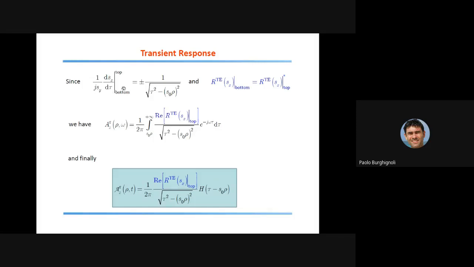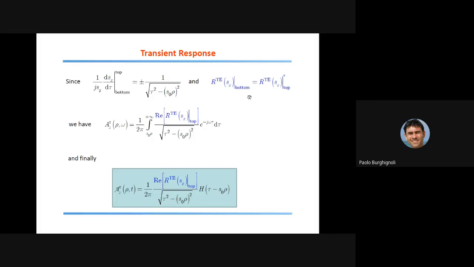The part that is also present in free space has already been evaluated, and is equal to plus or minus 1 divided by the square root of tau squared minus S0 rho squared. Those plus and minus characterize the top and bottom values of this term, whereas the reflection coefficient can be easily shown to have the property that its value on the top part of the Cagniard-de Hoop path is equal to the conjugate of its value on the bottom part.